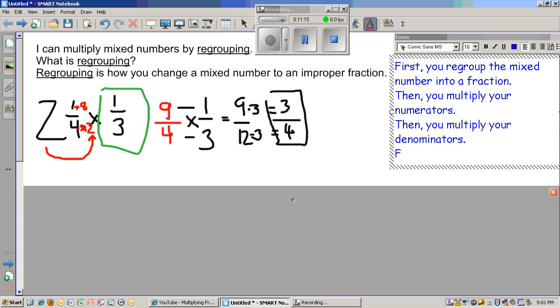Finally, simplify if necessary, right? Because sometimes we found that, like yesterday, we didn't need to simplify, but in this case we did. So those are the steps in explaining how you regroup, and we regroup because it makes it easier to solve multiplication problems with fractions the old school way.